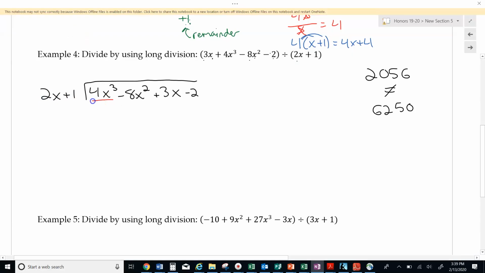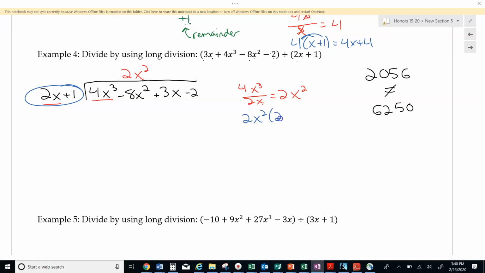We're going to start by dividing. 4x cubed divided by 2x. 4 divided by 2 is 2. Taking away 1x is just going to be x squared. Putting it over our x squared spot. Multiplying this times this whole thing. 2x squared times 2x plus 1.